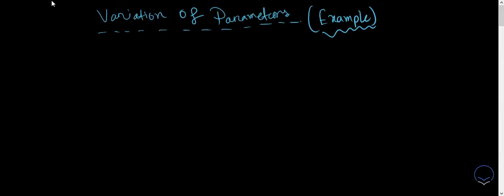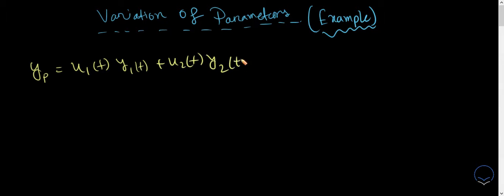In the past lecture we saw the theory behind the variation of parameters. If you recall, our particular solution was written in terms of u1 of t, y1 of t, u2 of t, y2 of t, where y1 and y2 come from the homogeneous part, and u1 and u2 were given by the following formulas.